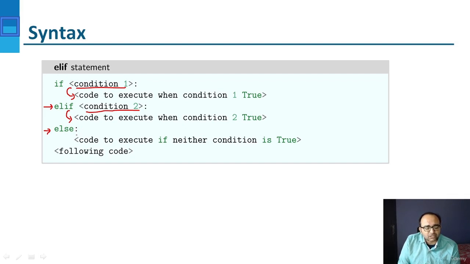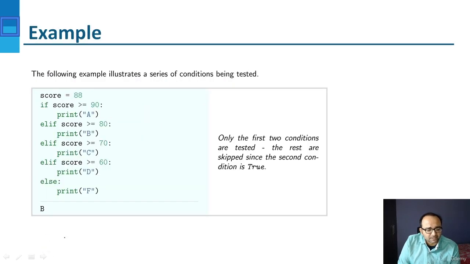Control directly transfers and executes the statements inside the else block. So this is the structure of the elif statement, and this is the code which is followed by this entire construct. Now let's see this example.